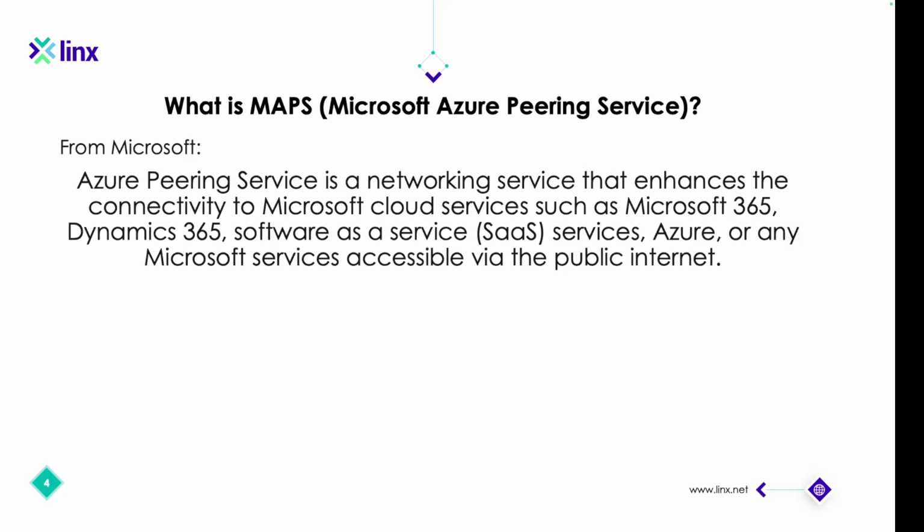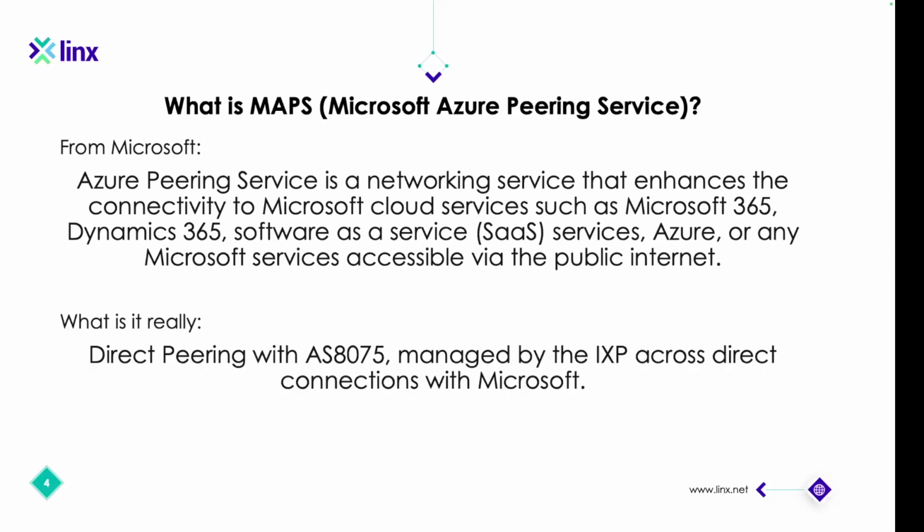That could be the Microsoft 365 suite, Dynamics 365, or any of the other software as a service applications that Microsoft offers. Or you might have workloads in Azure, but you're not using ExpressRoute, and you just want to make sure you have the best possible public connectivity into Microsoft's network. That is what MAPS is about.